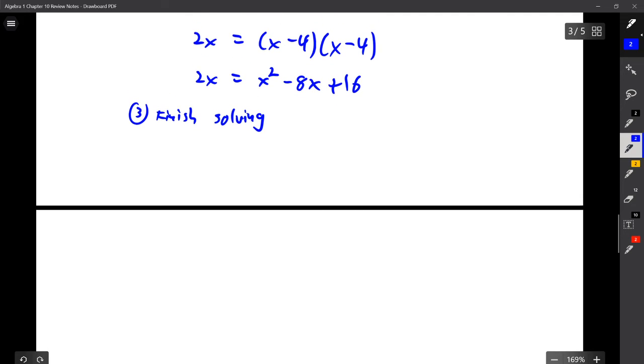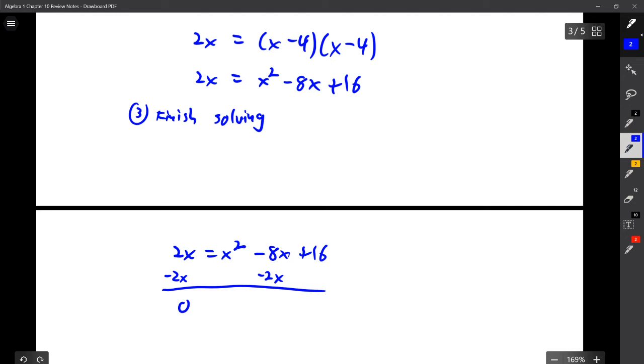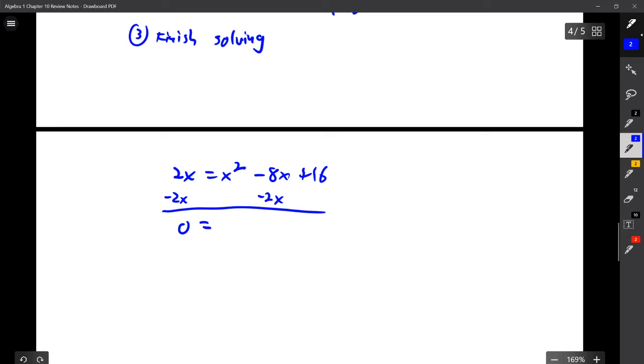I'll write down what I'm starting with here, equals x squared minus 8x plus 16. So I'm going to subtract 2x from both sides. So then this gives me 0 equals x squared minus 10x plus 16.